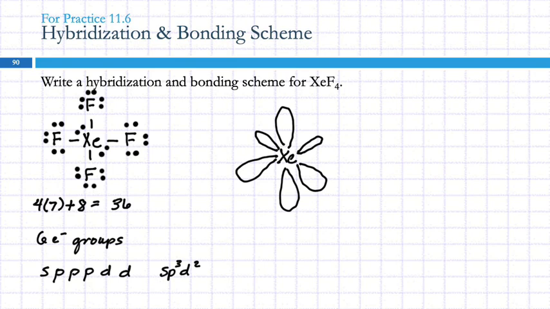I'll make these red because for some reason electrons are red. I can make that a lone pair. And then the other lone pair wants to be where? Opposite. As far away as possible, right? So the other lone pair, that's messed up, will be over there.